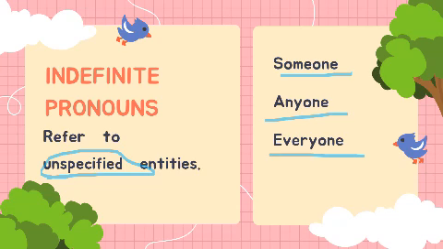You could say everyone here is so kind. You don't know the person's name or you don't know every person, so you denote all of them by one word. Everyone, anyone. Does anyone in the class have two pens? It means you are asking the entire class, not a single person or two persons.